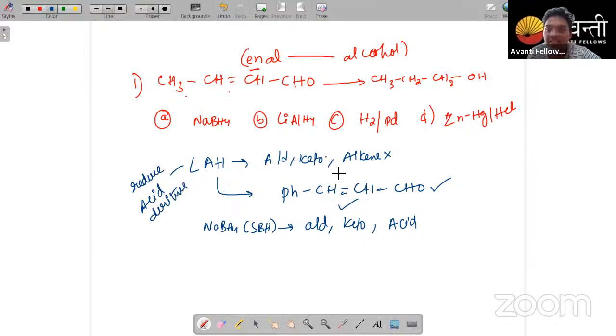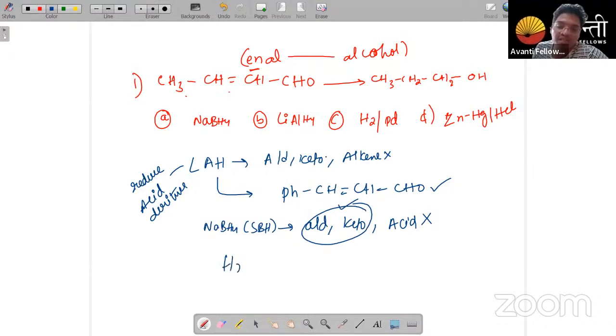Acids like COOH, and CHO, C double bond O, keto group, ester group, acyl halide group. All of these are reduced by lithium aluminum hydride, whereas NaBH4 is a weak reducing agent, so it can reduce only aldehydes and ketones but not acids and their derivatives, and alkenes also will not undergo reduction.